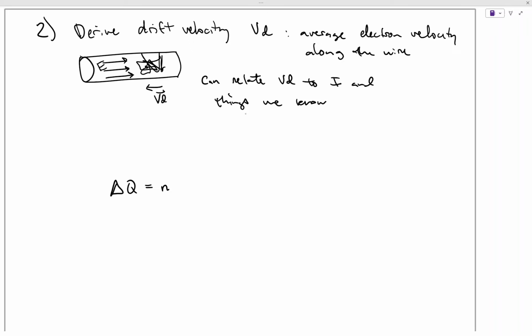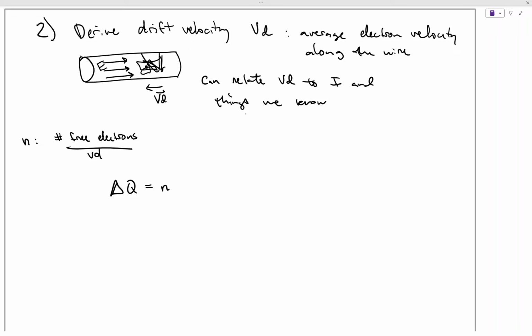There's n, the number of free electrons per volume. This is a material property that depends on what kind of metal the wire is made out of. We'll see that in a second with an example.